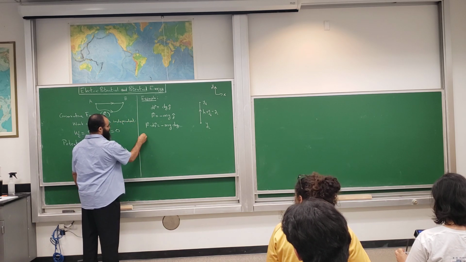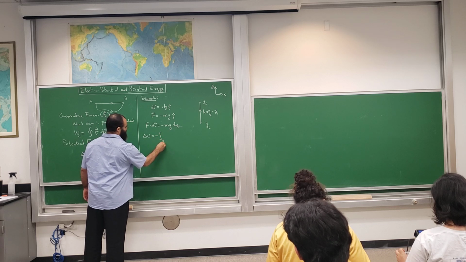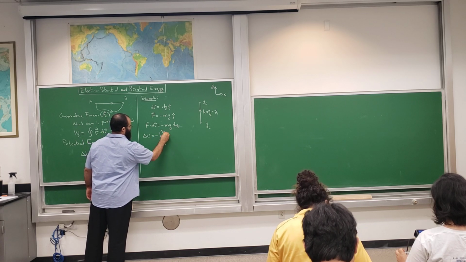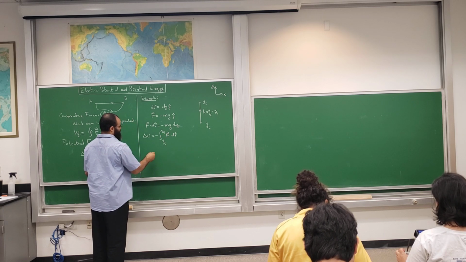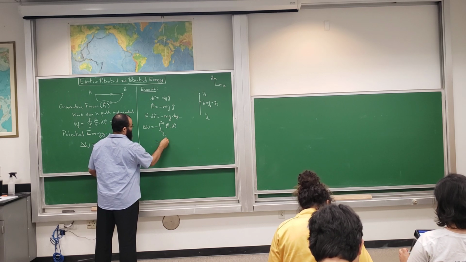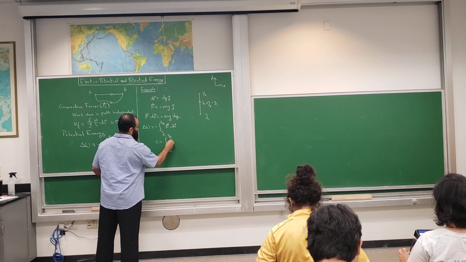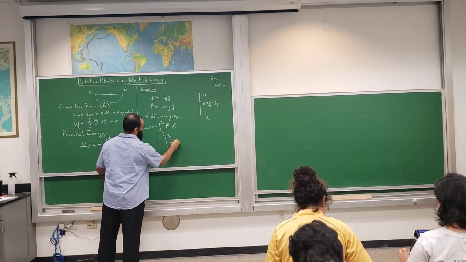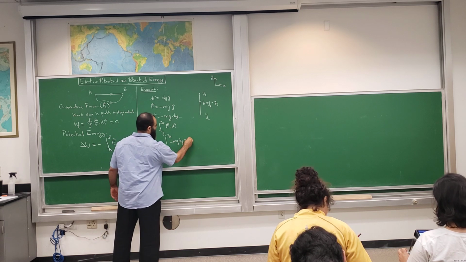So delta U, the change in potential energy, would be minus the integral from y initial to y final of F dot dr. So you get minus the integral from y initial to y final, where F dot dr is minus mg dy. Minus minus is plus, so you just get mg.